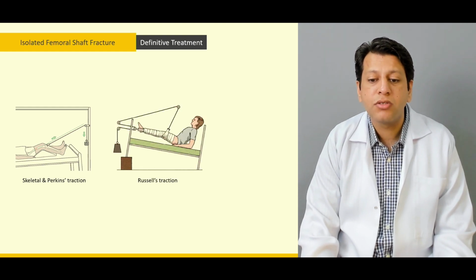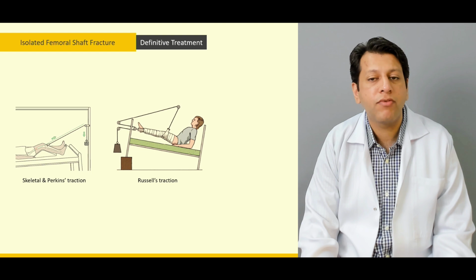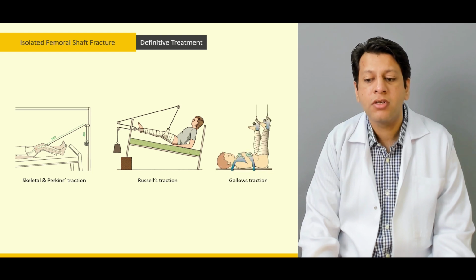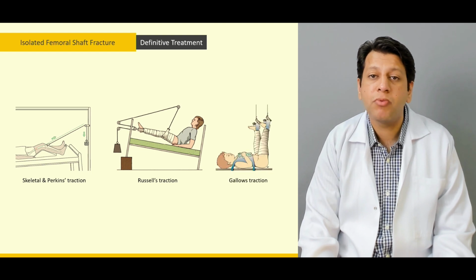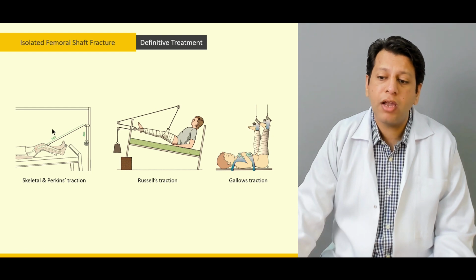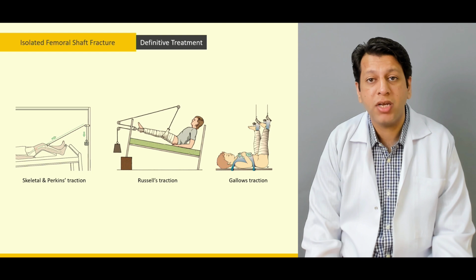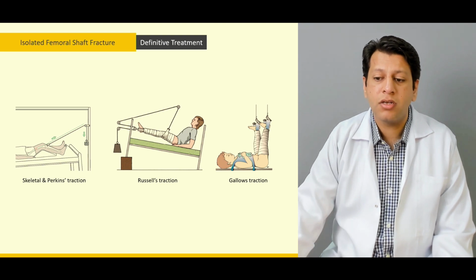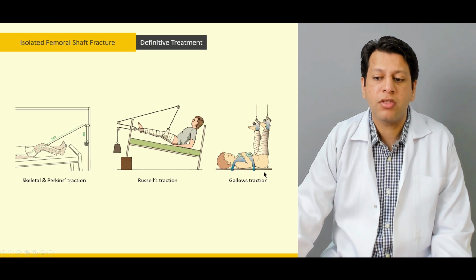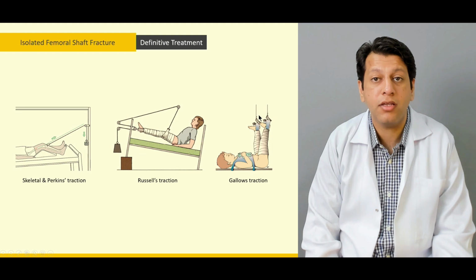Other forms of traction which could be utilized before the definitive fixation are Russell traction, and in children it could be in the form of a gallows traction. Now, gallows traction in children has been routinely utilized as a definitive form of management, in which the alignment is corrected and the child is placed in this sort of 90-90 traction, and both legs are hanging in the air.